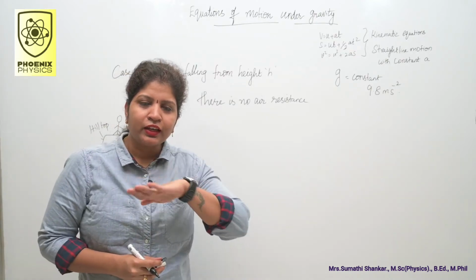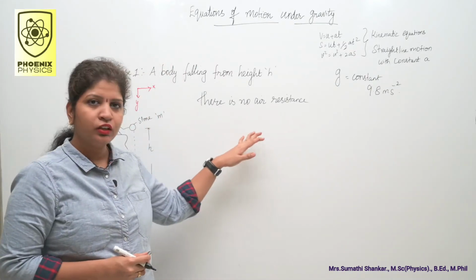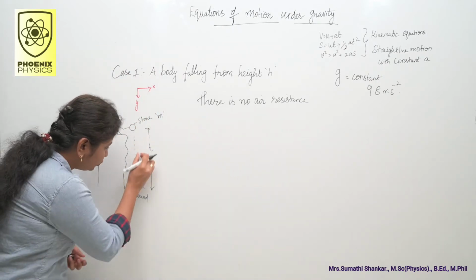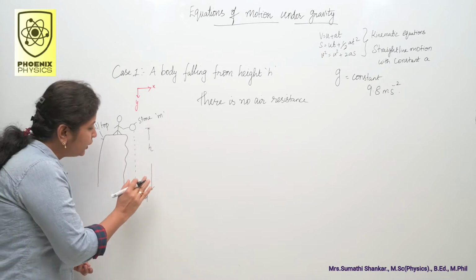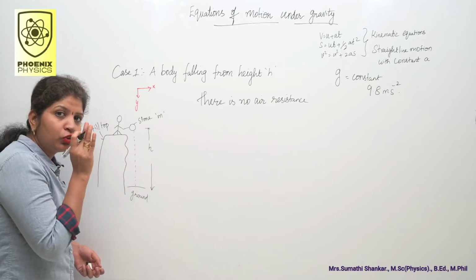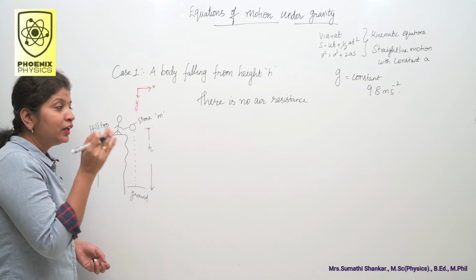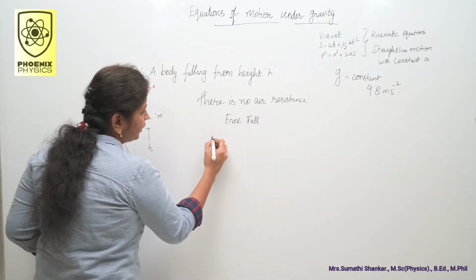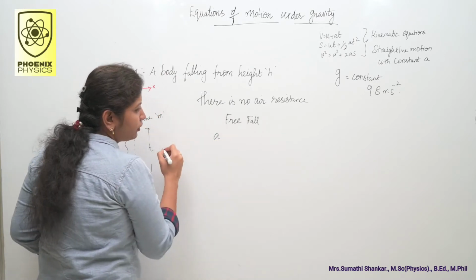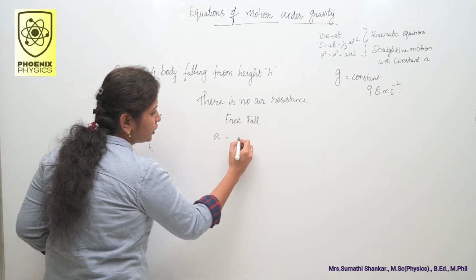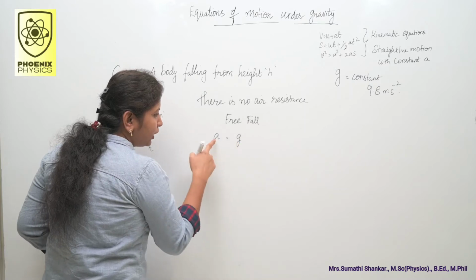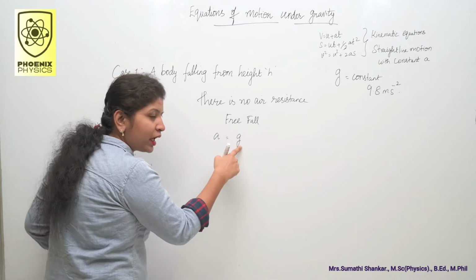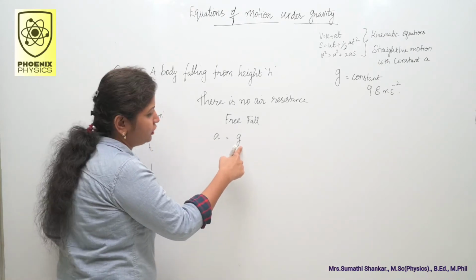Assume that there is no air resistance, which means the particle is moving towards the earth due to earth's gravitational force alone, which means the object is said to be in free fall. Here acceleration due to gravity is denoted as g. So this is acceleration for straight line motion. This is acceleration due to gravity.